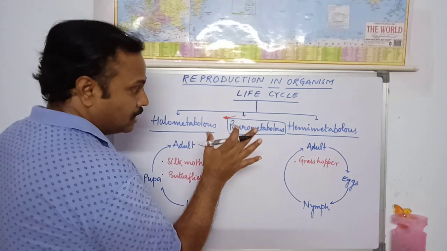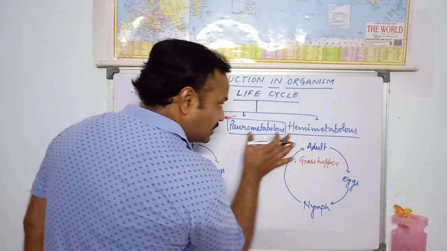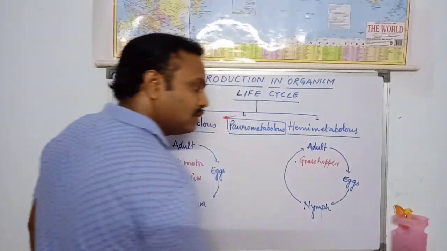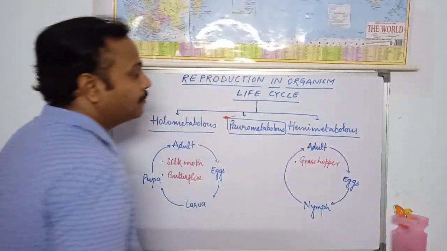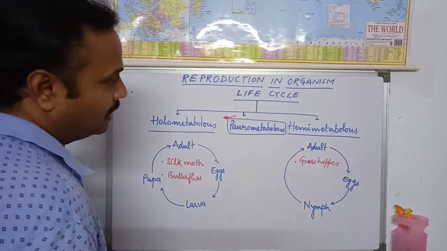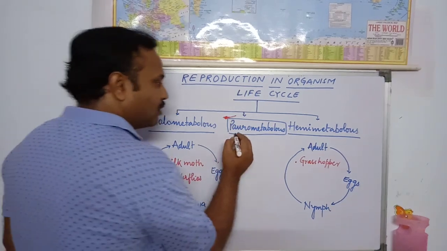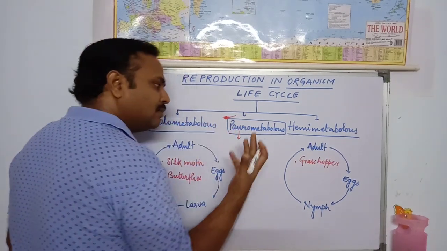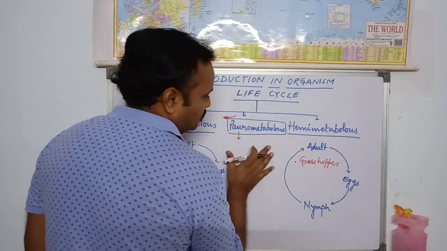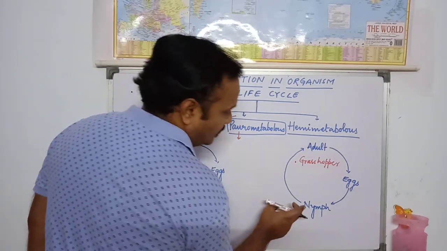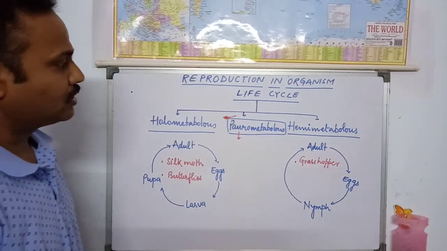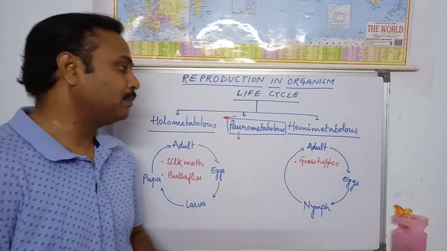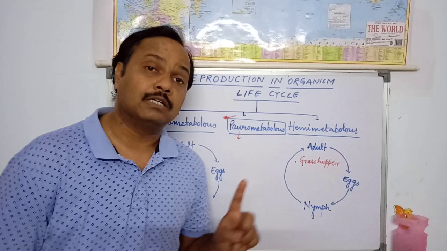Here, basically they are the hemimetabolous because they have only three stages, but the metamorphism or the development is very slow, means from nymph to adult such organisms take approximately 1 year.